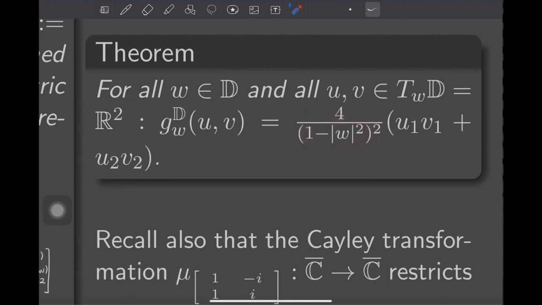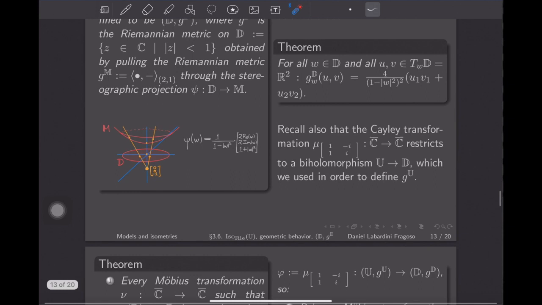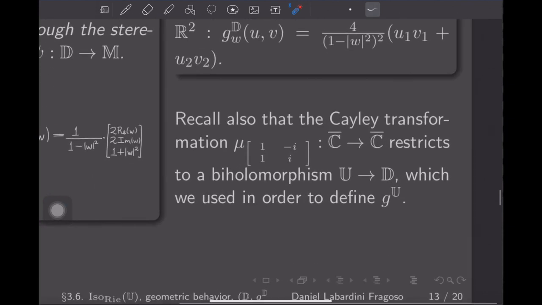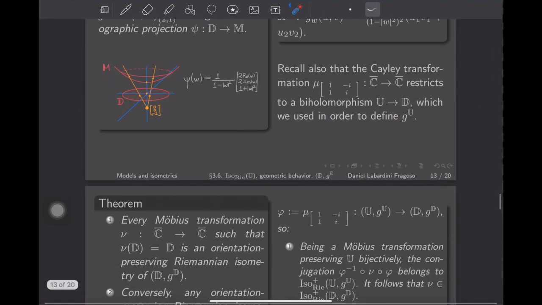So short Euclidean distances become hyperbolically very large. Recall also that we have an explicit biholomorphism between both of them, and this biholomorphism is actually given by a Mobius transformation, the so-called Cayley transformation, and that actually this is the one that we used to pull the Riemannian metric that we just mentioned for D to U.